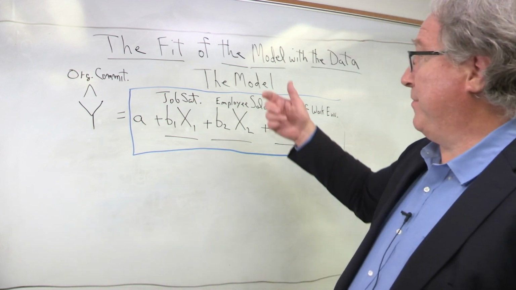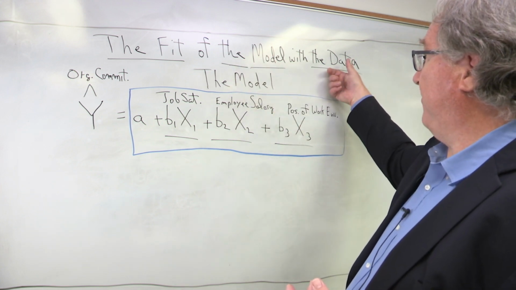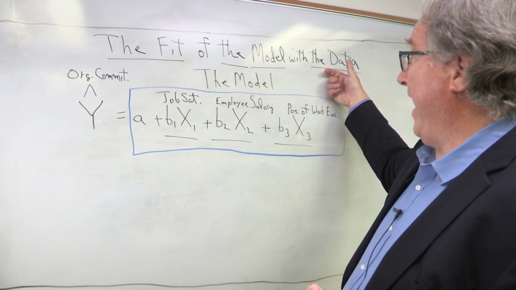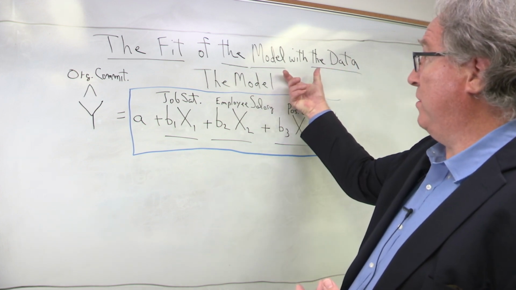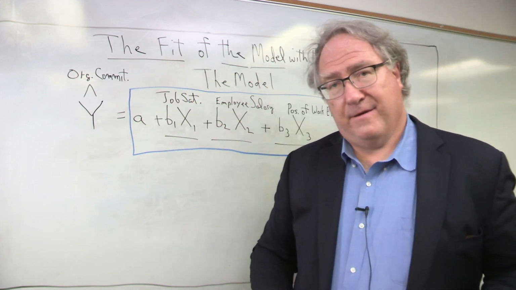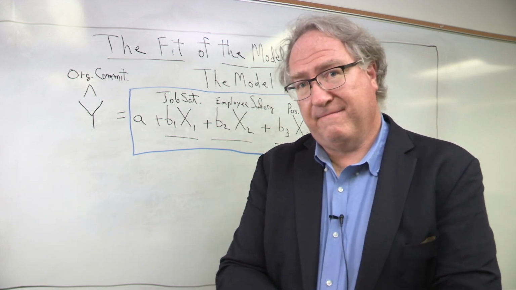And so then we have the predicted values from the model, we have the actual observed values on the outcome variable measure, the data, and we want to see between those 2 the fit. So our next presentation will be on the fit.